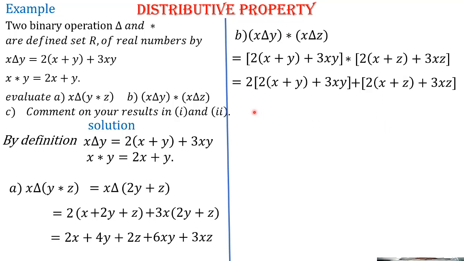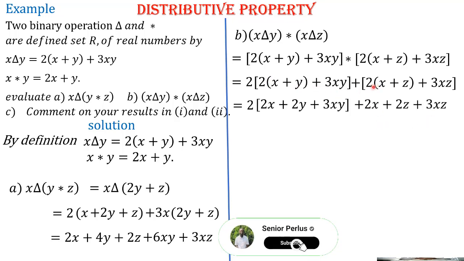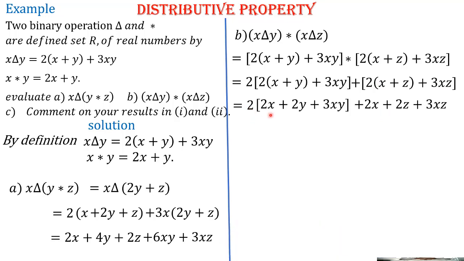Now let's simplify. Let's multiply the one in the bracket first. So 2 times this, we get 2s plus y. So the 2 is still outside. So we are simplifying the one inside. Okay. So plus this. Now these two multiply the whole of this. So it becomes 4s plus 4y plus 6sy.